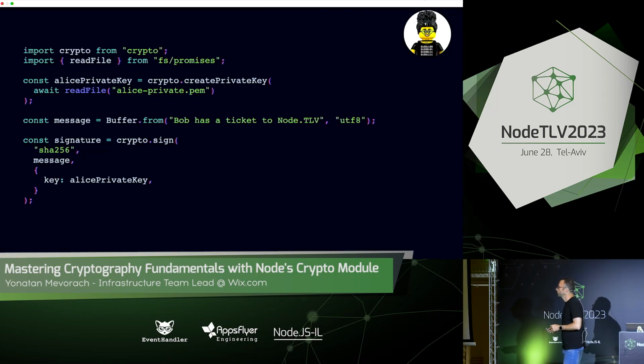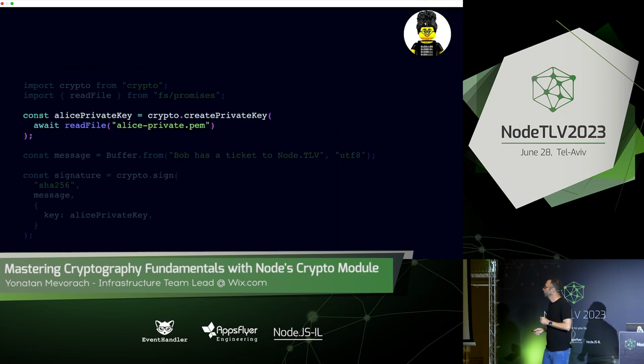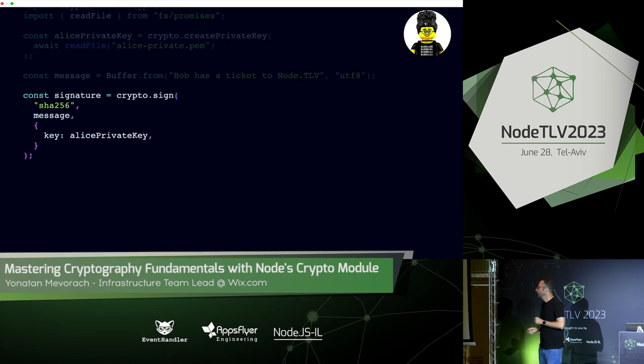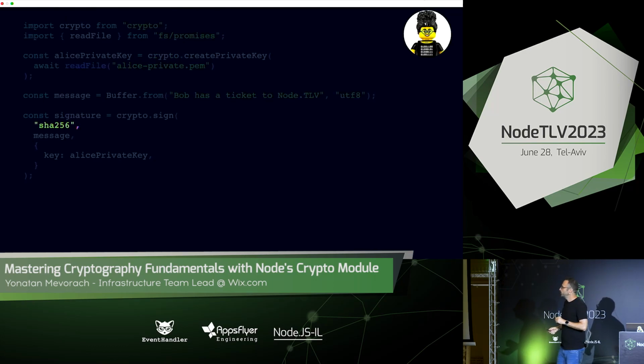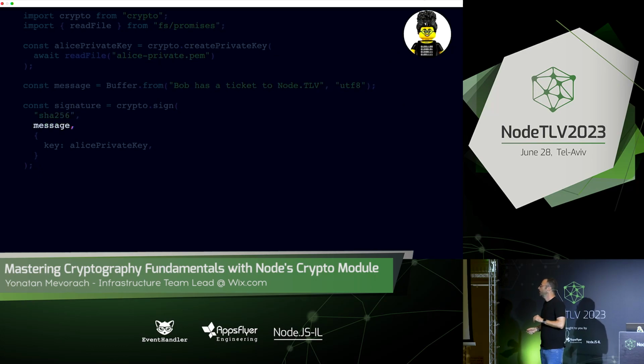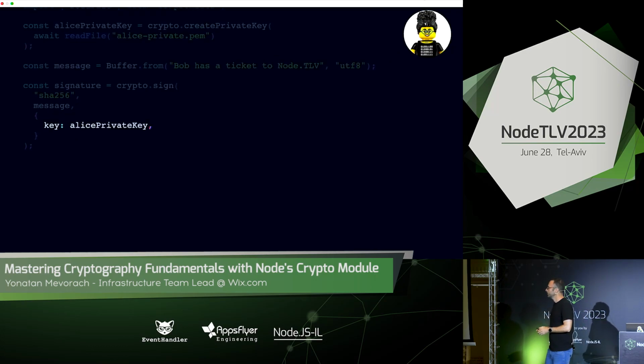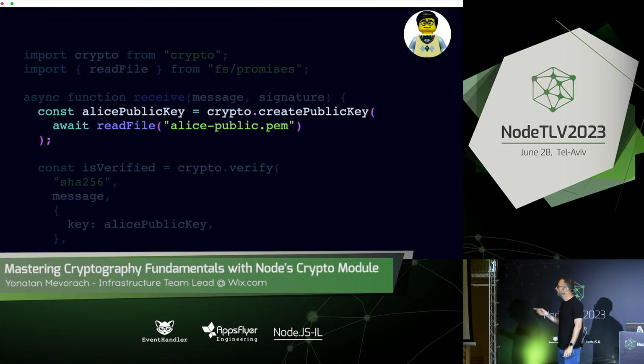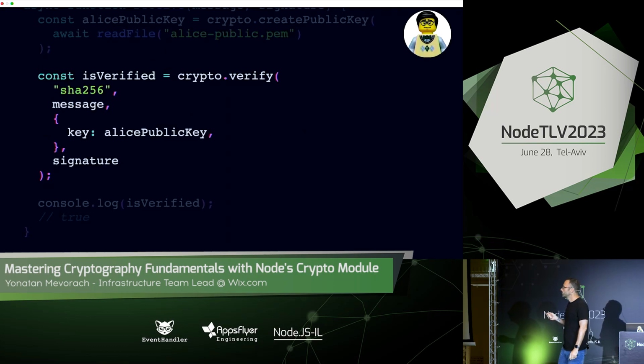So in order to perform the signing, Alice will read her private key into memory, take the message that she wants to sign, and call the crypto.sign method in order to do that. She needs to specify the hash function to use as part of this process, the message itself, and her private key. Over on Bob's side, to perform the verification, he will read Alice's public key into memory, and he will use the crypto verify function to do the reverse.